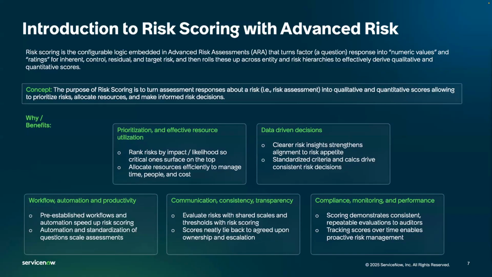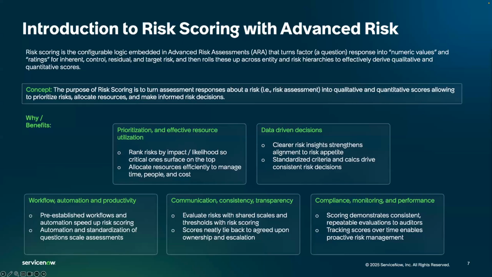When I say factor, think of it as a question posed during an assessment. Those responses get converted into two things: numeric values and ratings, more formally referred to as quantitative and qualitative scores in the risk domain. This happens across all assessment dimensions: inherent, control, residual, and target risk.